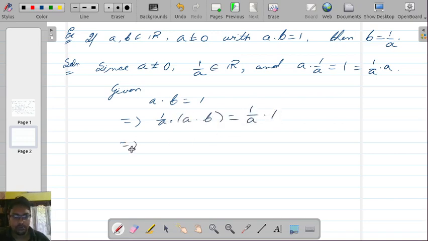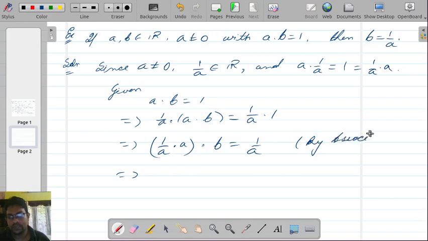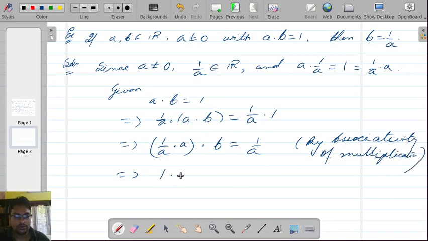We are multiplying both sides by 1 by a, and then I just apply the associative property of multiplication. So 1 by a into 1 is 1, so 1 dot b equal to 1 by a.